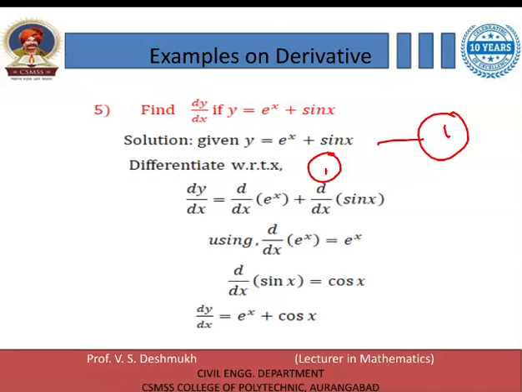So the derivative of y with respect to x is dy by dx, d by dx of e raised to x plus the derivative of sin x. We know that the derivative of e raised to x is e raised to x and the derivative of sin x is cos x. Simply, dy by dx is equal to e raised to x plus cos x. These are some examples on the sum or difference of derivatives.